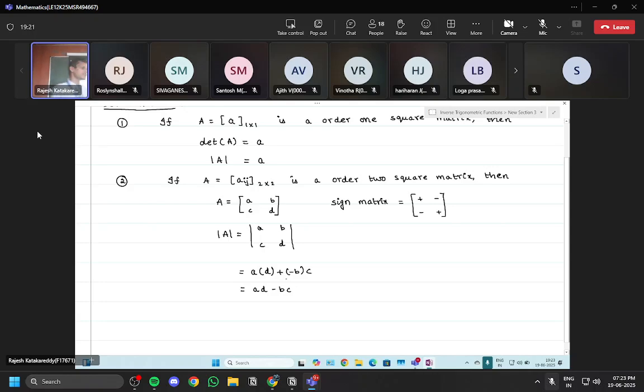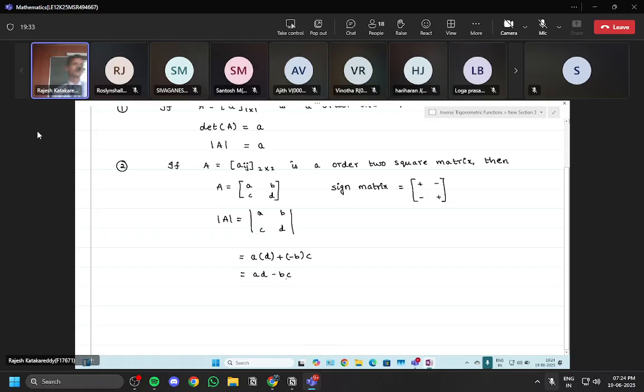Normally what we say is product of diagonal elements minus product of non-diagonal elements. Clear? Product of principal diagonal elements minus product of non-principal diagonal elements. Maybe if we are taking an example, let's say matrix M is equals to 1, 2, 3, 4.